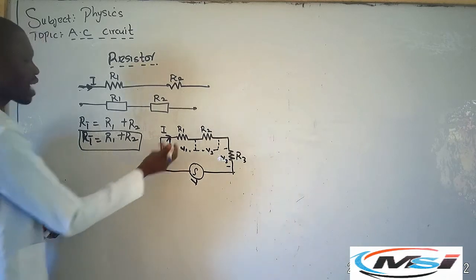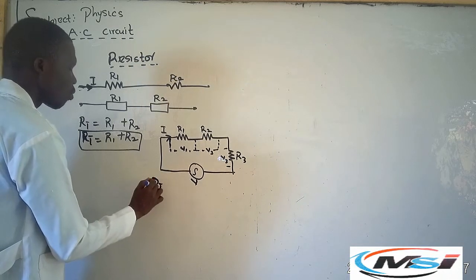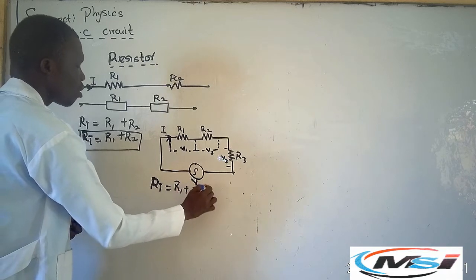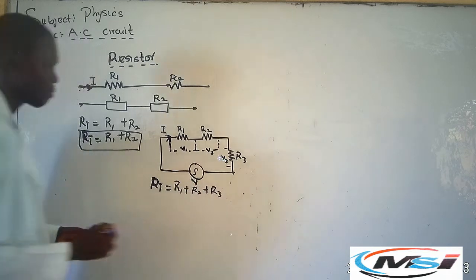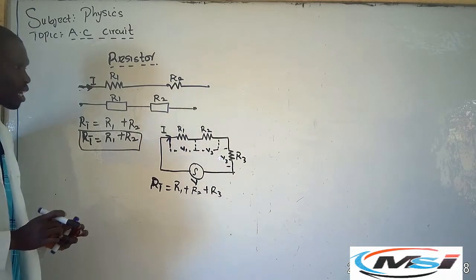Now, if I want to find the total resistance in this circuit, RT will give me R1 plus R2 plus R3. I believe you are following this class.